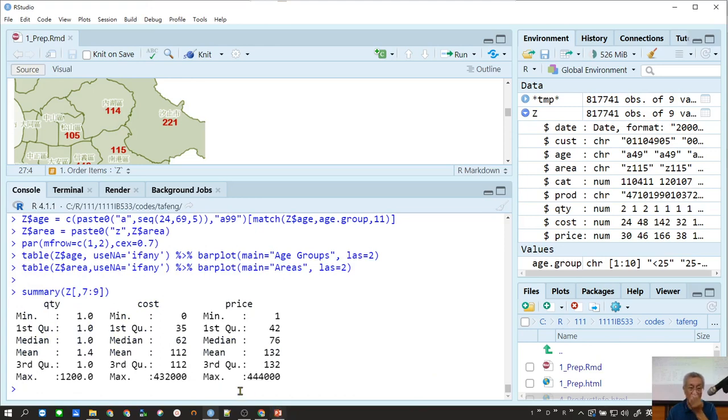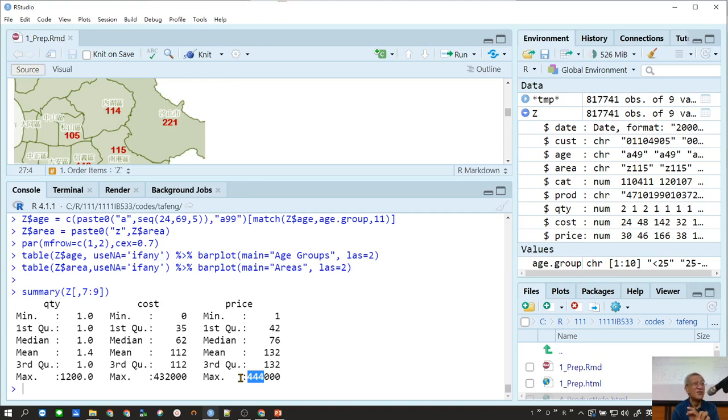See, the price could be as low as 1 and could be as large as 444,000, right? Now, in a retail store, it's very unreasonable to buy an item of like 444,000, isn't it?